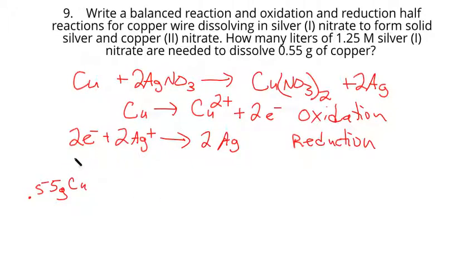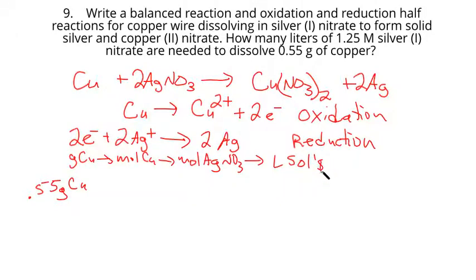So our strategy is going to be to go from grams of copper to moles of copper to moles of silver nitrate solution, and finally end up in liters of our silver nitrate solution. So if we start with grams of copper, we want to convert this to moles of copper.